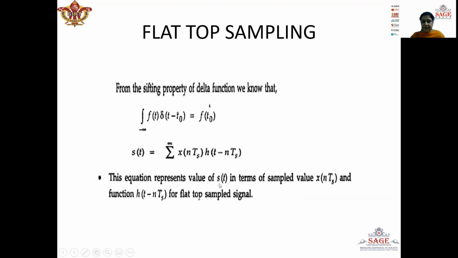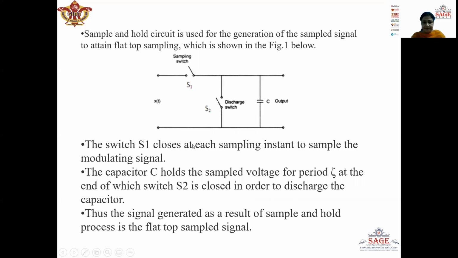So I get pulses located at every interval of Ts, each having amplitude x(nTs), that means the amplitude of the message signal at every Ts.